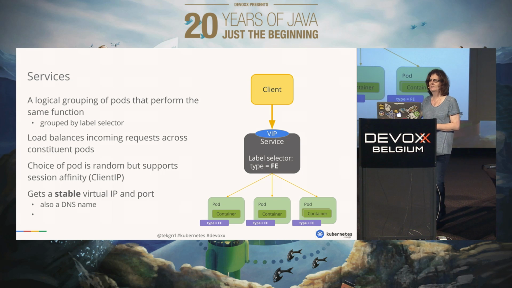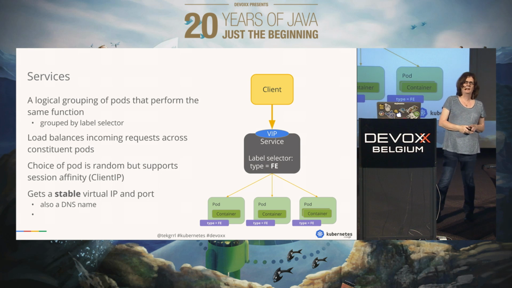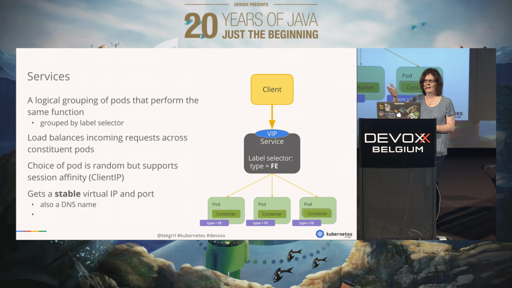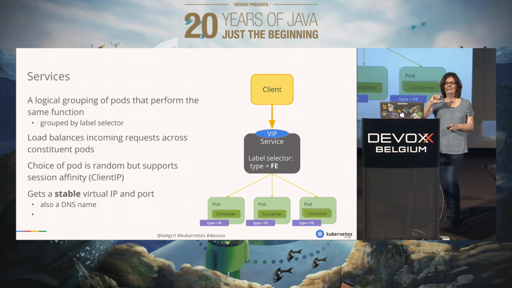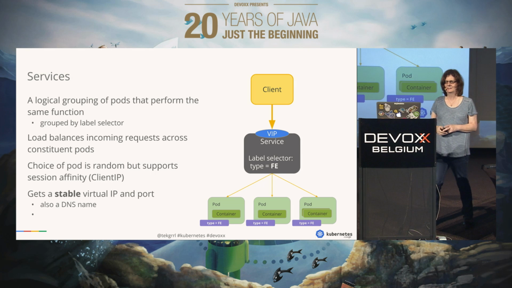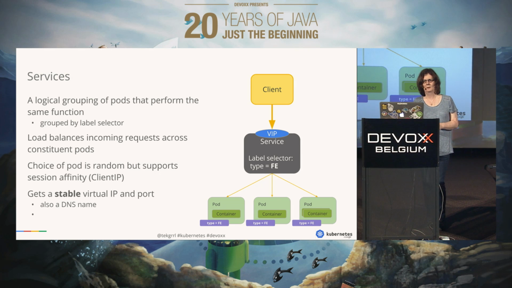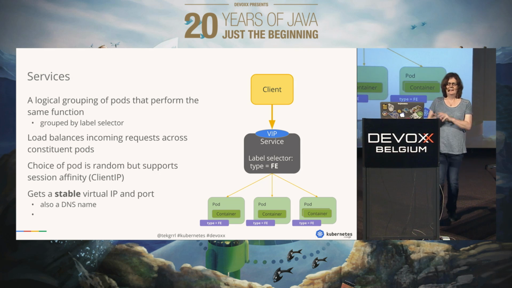And so traffic comes in, hits the VIP, the service will then randomly move traffic between the pods. We have session affinity in terms of client IP, but most people know how I feel about stateful pods, and having to maintain state across multiple interactions is not a really good model or a good pattern. So that's how a service works.